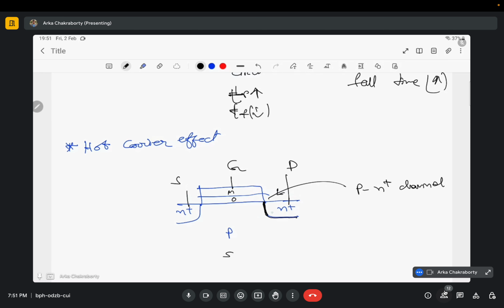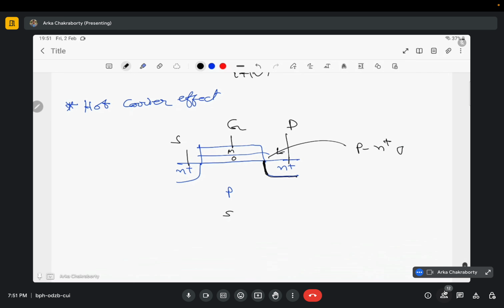It is what I explained in the previous class. And in p-n plus junctions in reverse bias, in which direction would my space charge region extend more? Can anyone tell me? It is basically a p-n plus junction, right? You might have studied p-n diodes. So if it is a p-n plus diode, in which direction would my space charge region extend more?